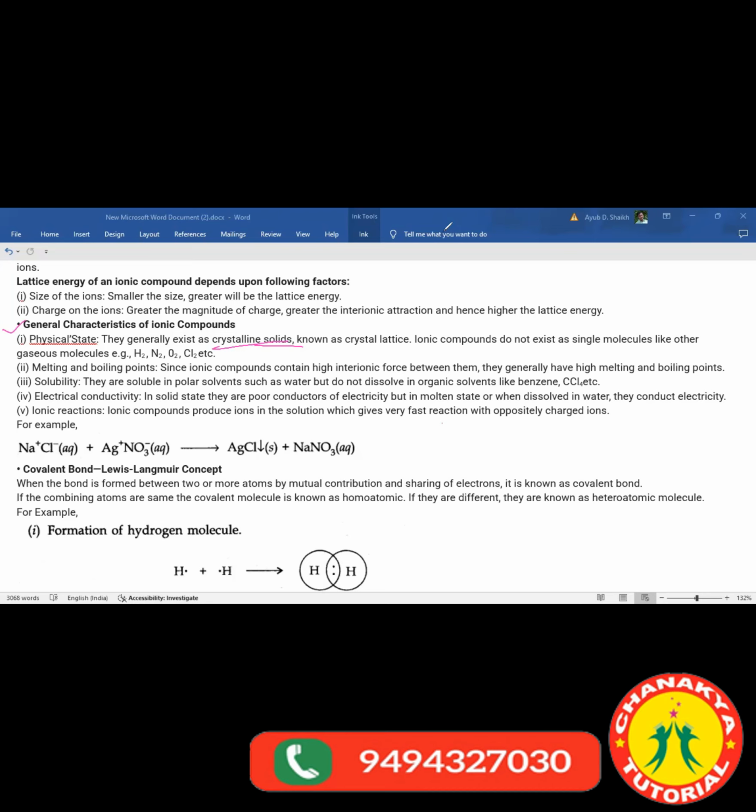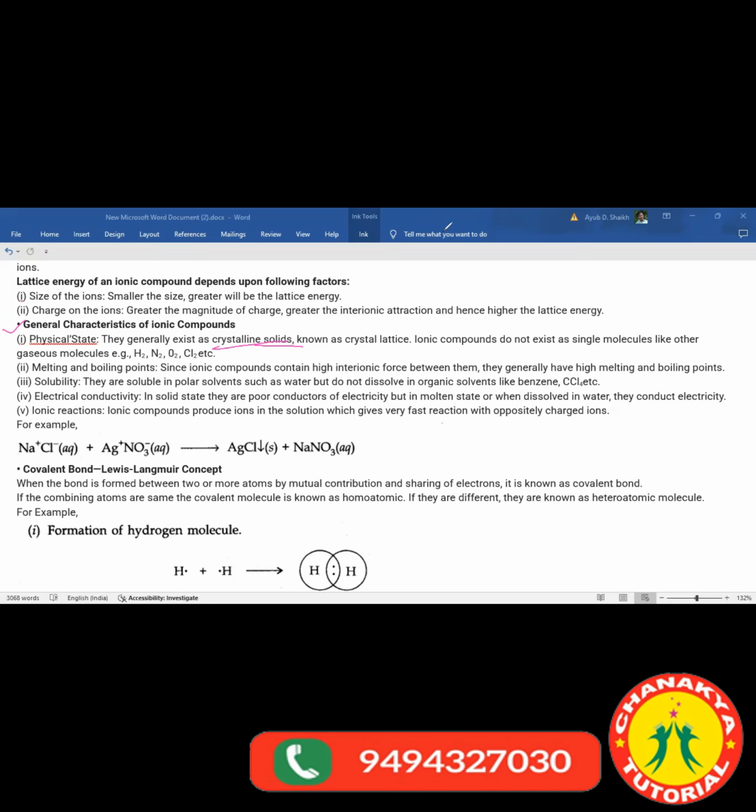Why would those crystals be present in the salt? And if you take a pinch of talcum powder, do you feel the same crystals? No. Why is it so? Talcum powder is amorphous in nature, and sodium chloride is crystalline in nature. Why is it a crystalline solid?